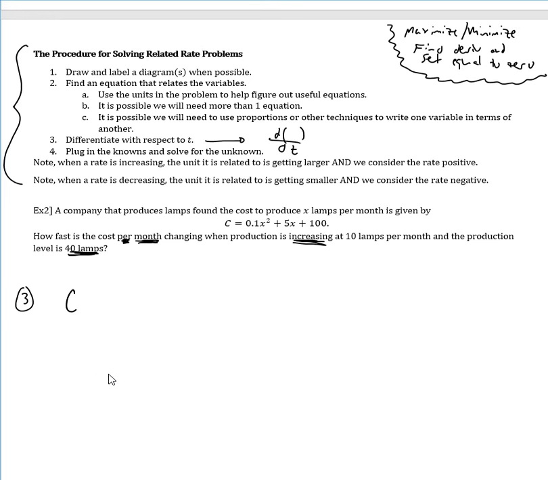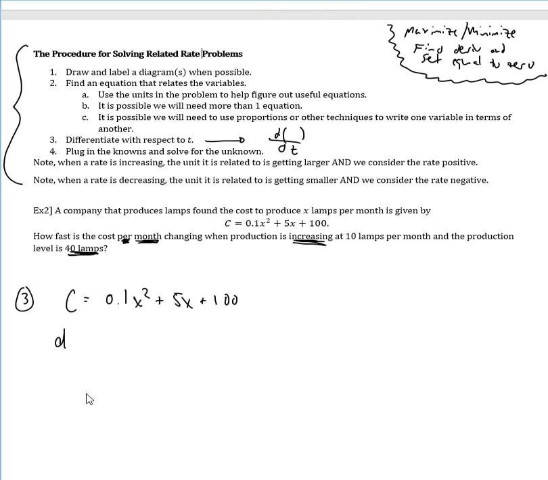So we have our cost function is C equals 0.1x squared plus 5x plus 100. And because I see the per month multiple times in this problem, what I want to do is take the derivative now. Let's differentiate it with respect to time.